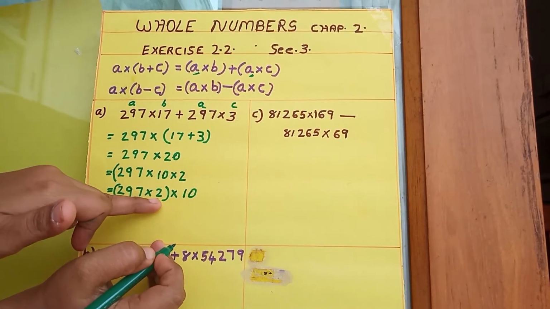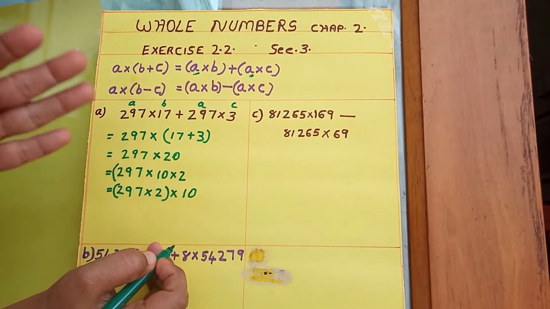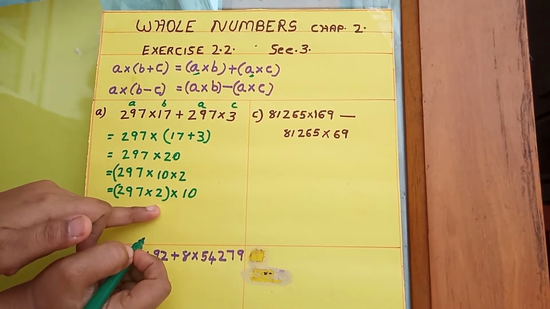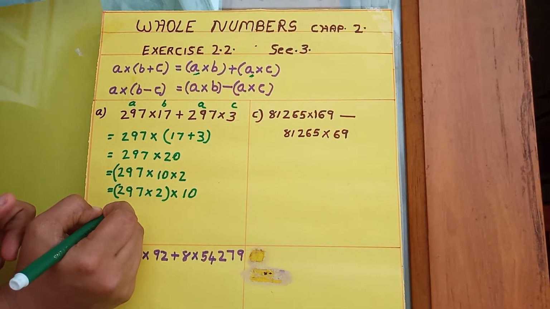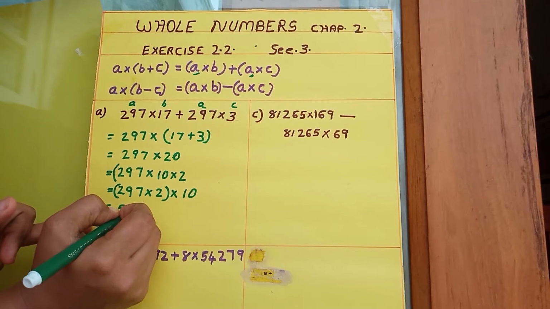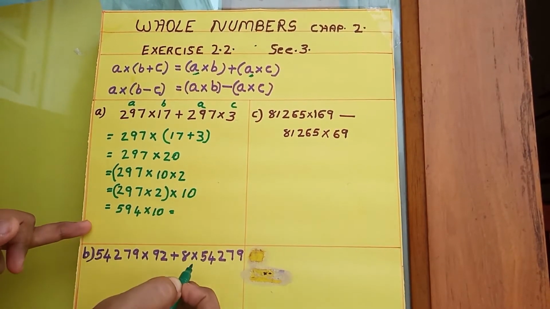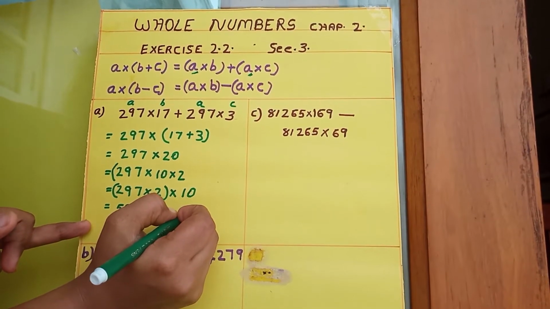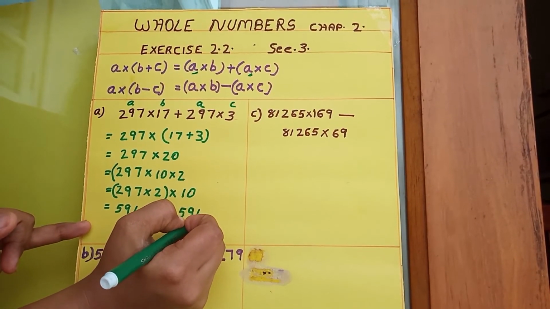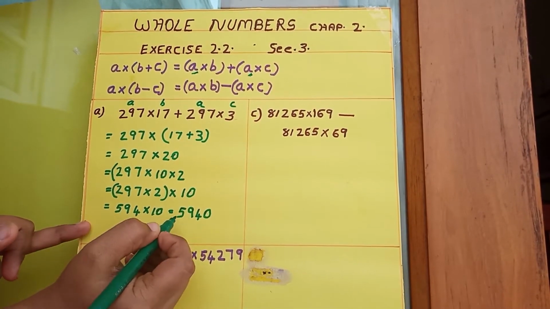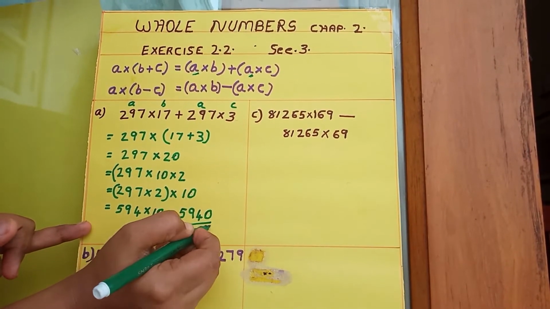This associative property will make your calculation much easier. 297 into 2, the answer is 594, into 10 equal to, just add one more 0 to 594. Okay, now we got the answer.